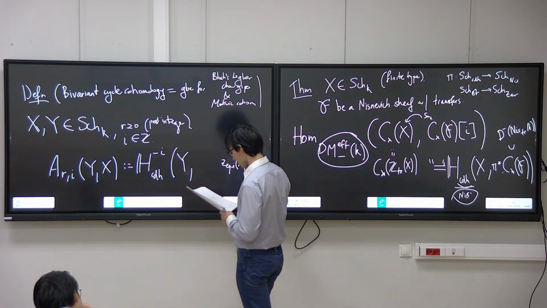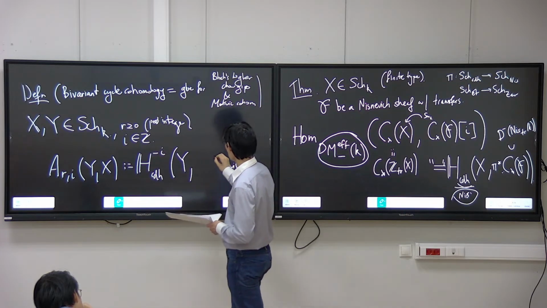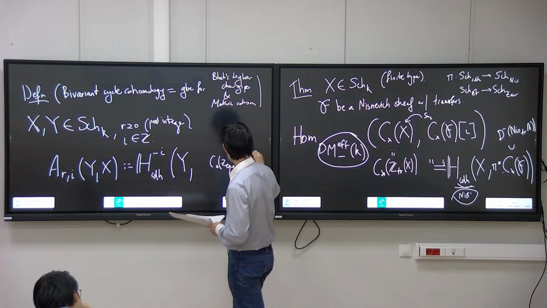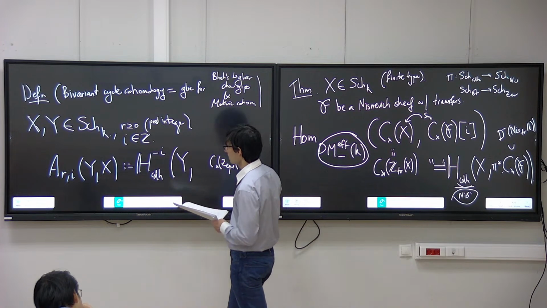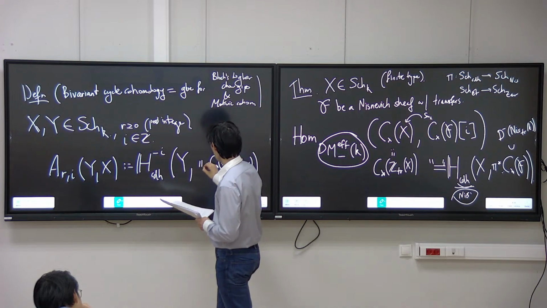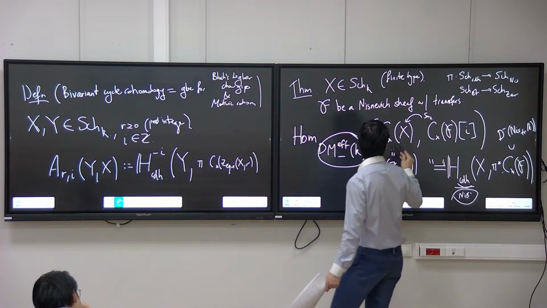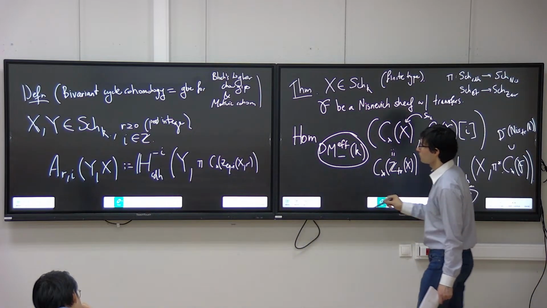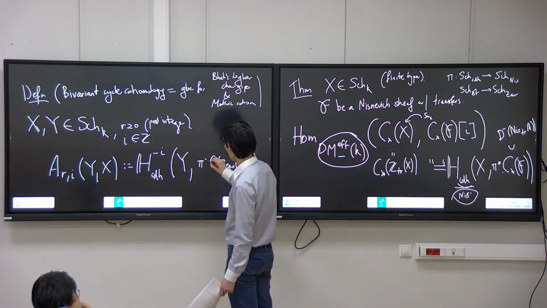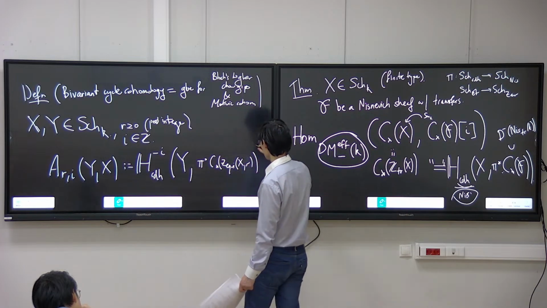This is a Nisnevich sheaf with transfers. I can take its Suslin complex, which will again live in the derived category of Nisnevich sheaves with transfers, and then I pull back to the CDH topology, and I go like this.